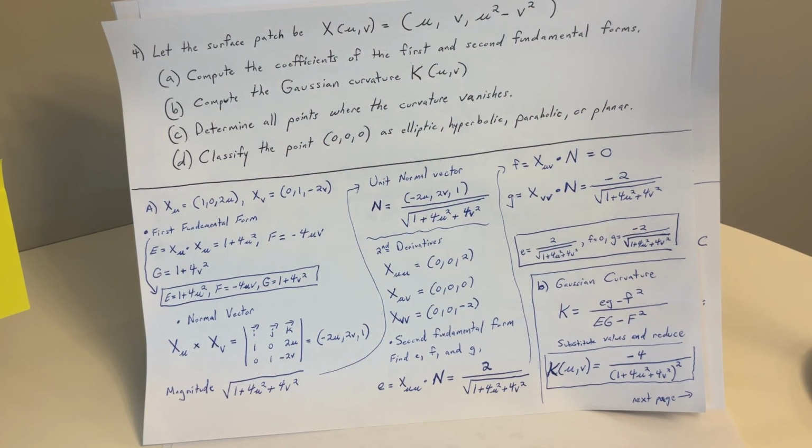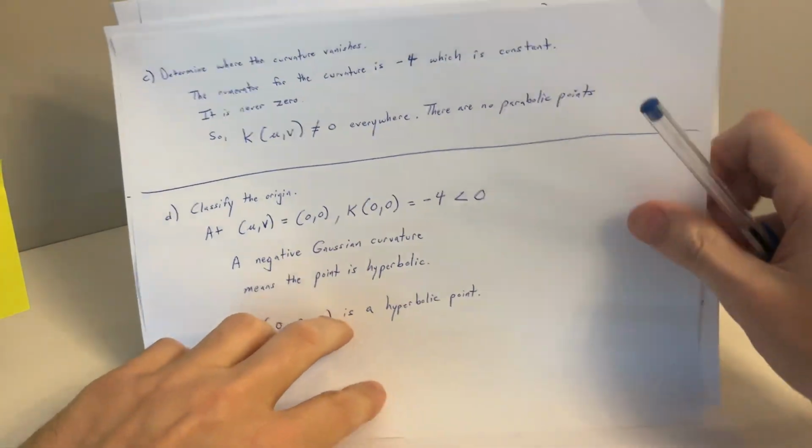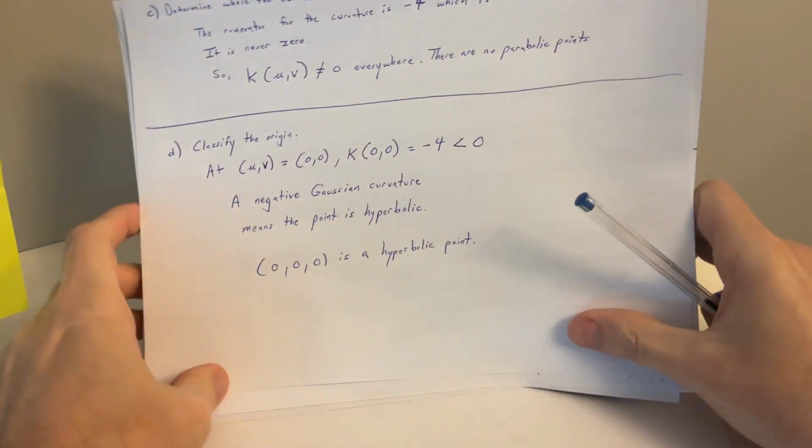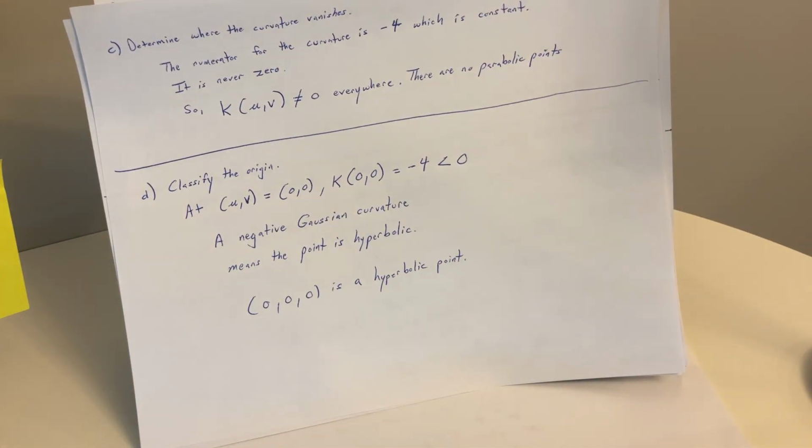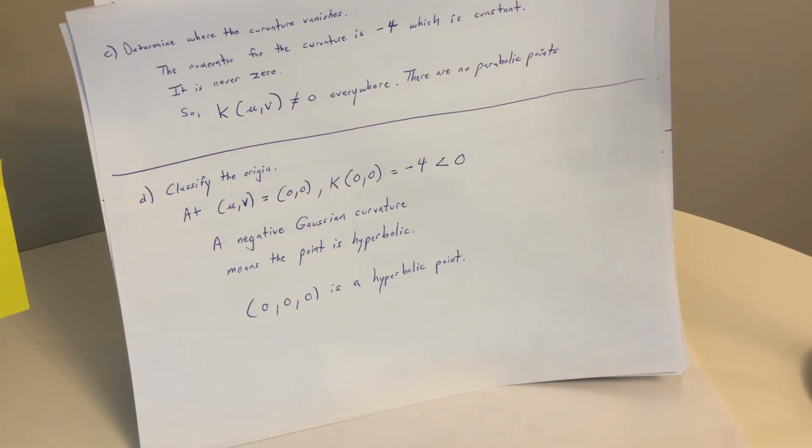Okay, now letter C, we want to determine all points where the curvature vanishes. Okay, so this isn't that bad. Conceptual problem from stuff probably in textbook and notes. So determine where the curvature vanishes.